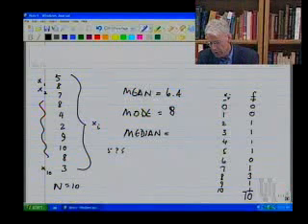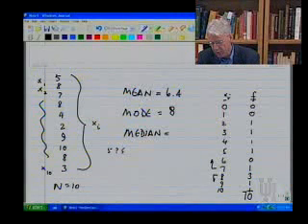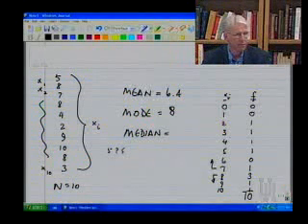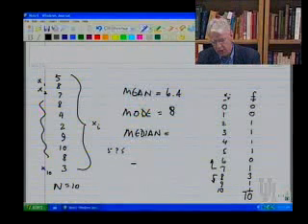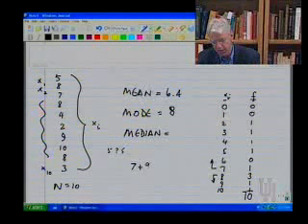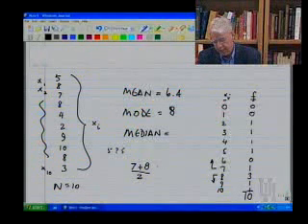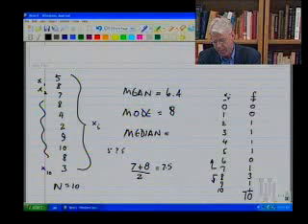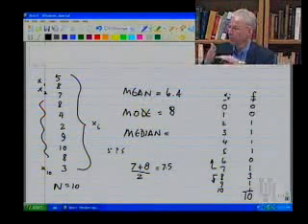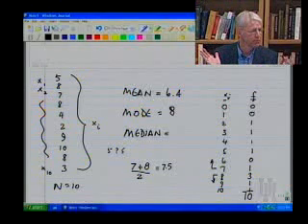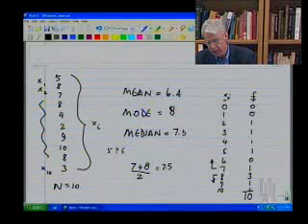So 5 scores are 7 or below, and 5 scores are 8 or above. So that the median in this instance is 7 plus 8 divided by 2. It's 7.5. That is, it's the score that is equidistant from the 2 adjacent scores. So the median in this instance is 7.5.